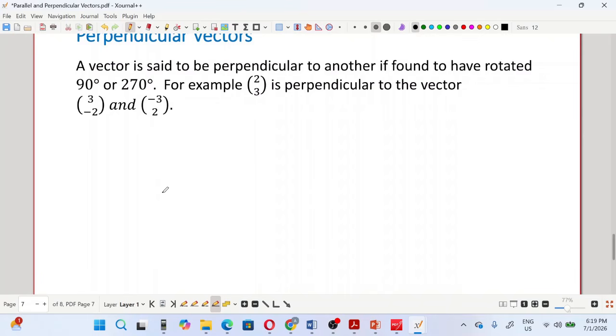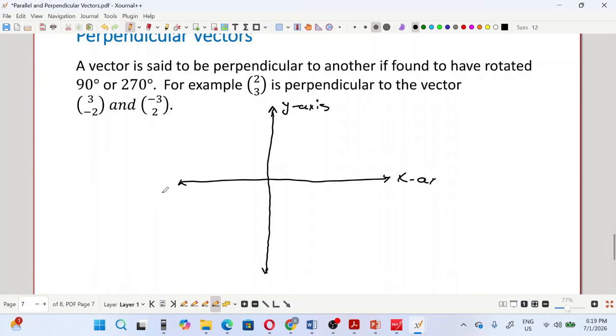I have my vector. Let me first of all draw my Cartesian plane. So this is my y axis and my x axis, right?